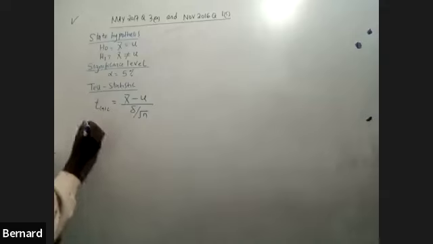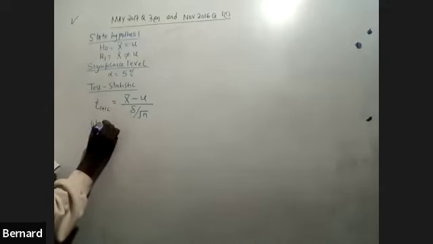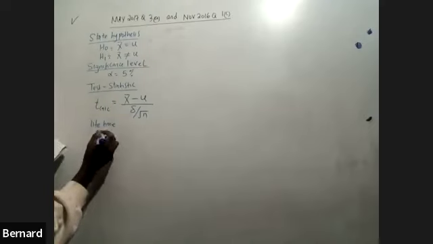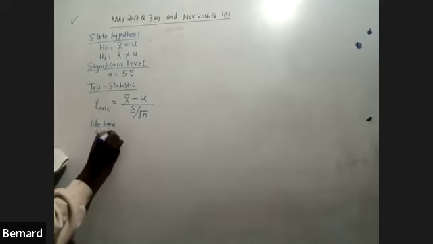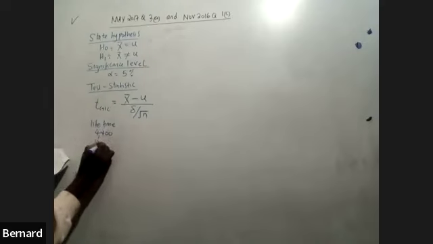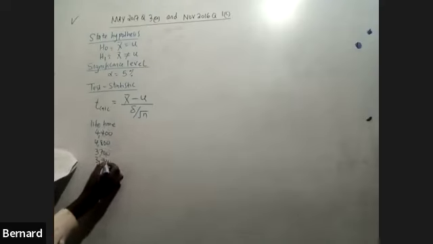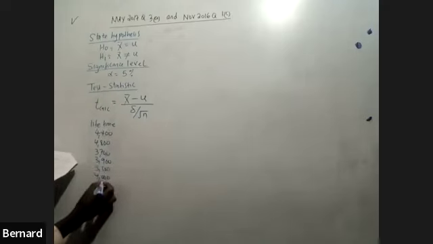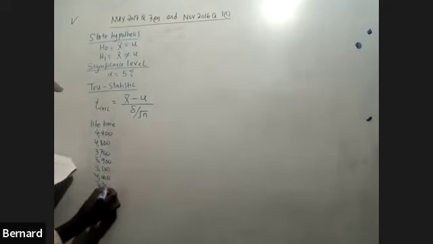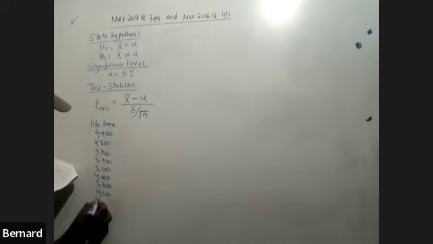So we have the lifetimes, which are 4,400, 4,800, 700, 3,900, 5,500, 4,000, 3,700, 4,100, 4,000, and 54.